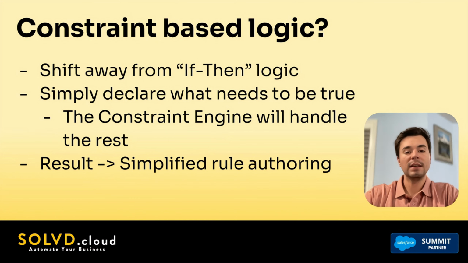So instead of saying, if this is true, then do these things, and then having to probably set up a whole other rule to define when you should back out of those different actions, all you need to set up is constraints to say, when this is true, what else needs to be true? And then the constraint engine will handle the rest.